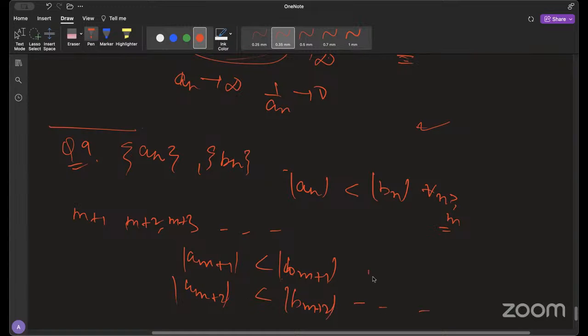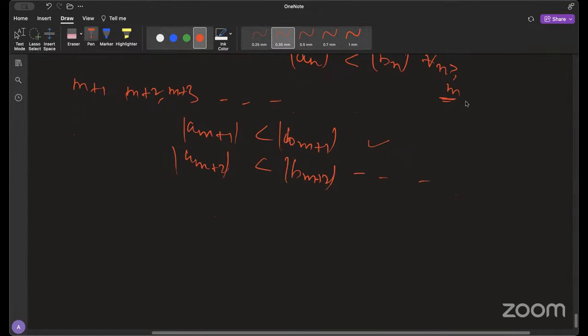This is what it means. So after a particular stage, you have this true for all n greater than or equal to m.